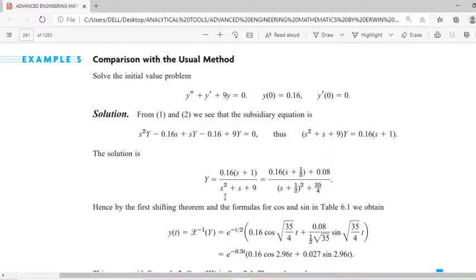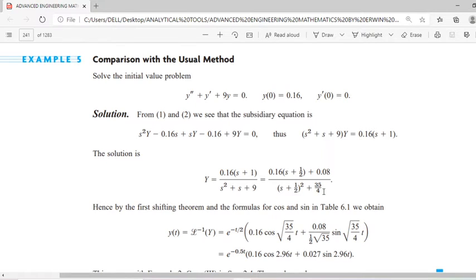Okay, that equal to 0.16 into s plus 1 by 2 plus 0.08, divided by s plus 1 by 2 square plus 35 by 4.